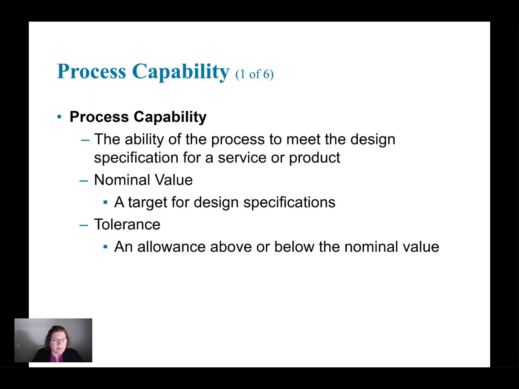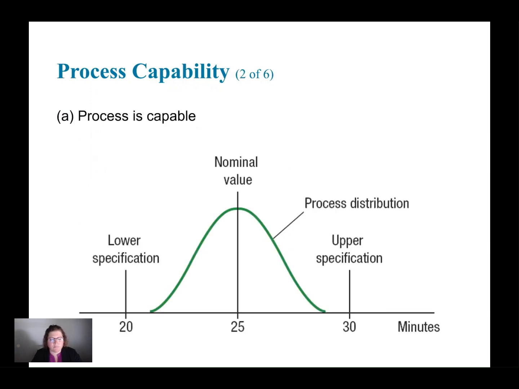Process capability is typically used in manufacturing settings, so there might be the occasional service setting where it works. But it's the ability for a process to meet your engineering design specifications. So you would need to know your target for your design specs and what is allowable around those specifications. We're looking for our process to look like this, where you have a lower design spec and an upper design spec.